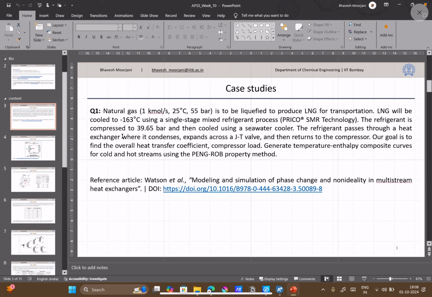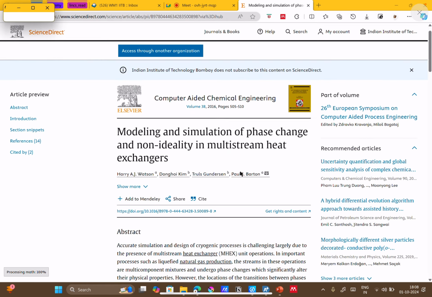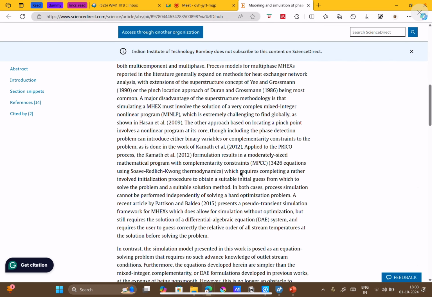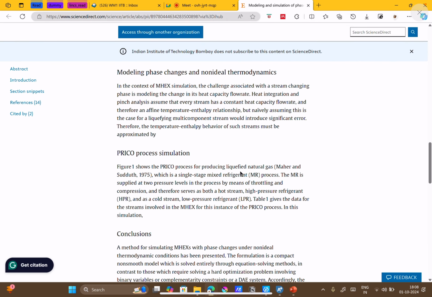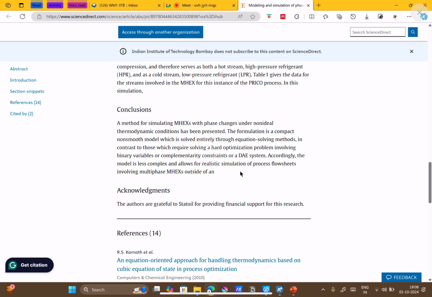So this example has been taken from this reference article, from Watson et al., on modeling and simulation of phase change and non-ideality in multi-stream heat exchangers. If we go into this paper and look at its content, they have provided various methods for refrigeration cycles, like liquefaction of natural gas.